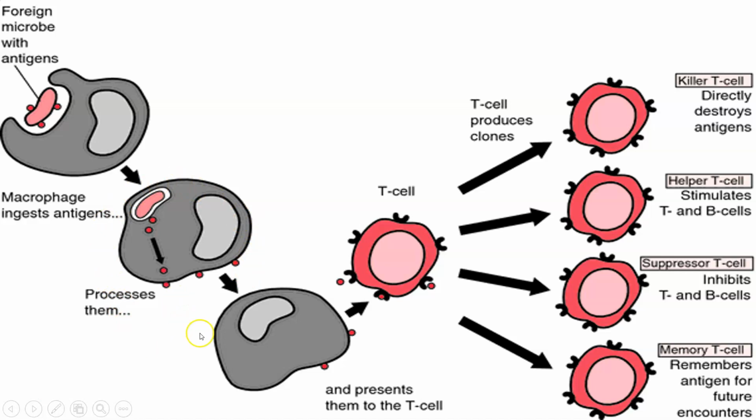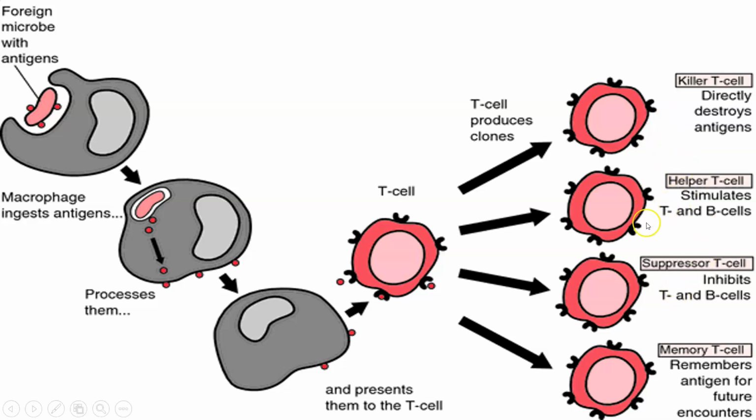This will migrate to the lymphoid tissue where it will present these antigens to helper T cells. The helper T cells will stimulate B and T cells, but chiefly in this picture we're looking at T cells, or killer T cells in this case, which are mobilized to destroy the antigens which are inside our cells. So thus it destroys our cells as well.